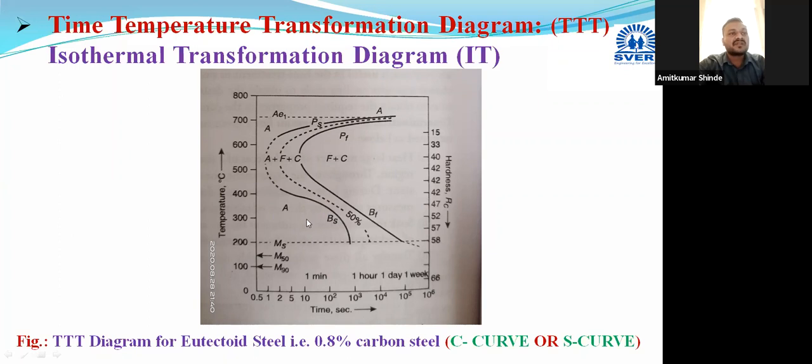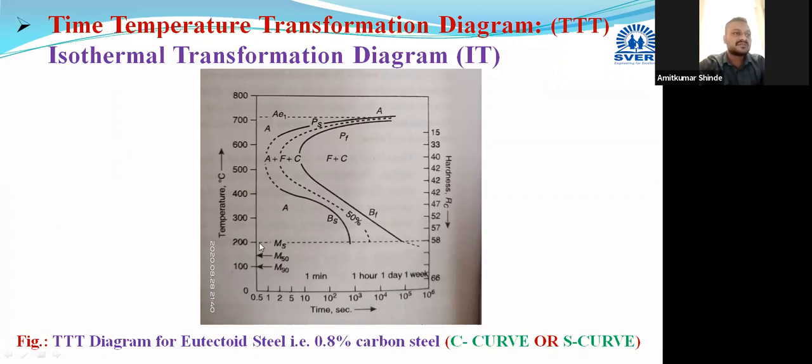And if your transformation temperature is towards the lower side, then lower bainite is formed. If the transformation temperature is in this range, then lower bainite is obtained. And suppose the transformation temperature is in this range, below 500 but above 300, then you will get the upper bainite.